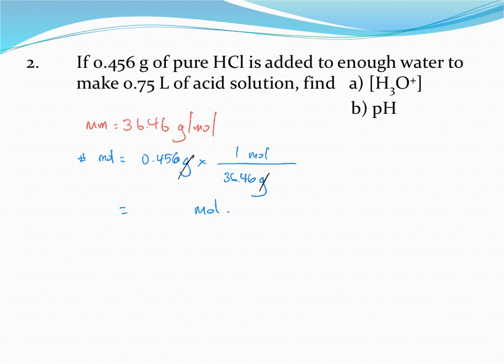So 0.456 divided by 36.46 equals 0.0125 moles. Because it's such a small number, we will carry 4 decimal places for this. So that is the number of moles of hydrochloric acid.